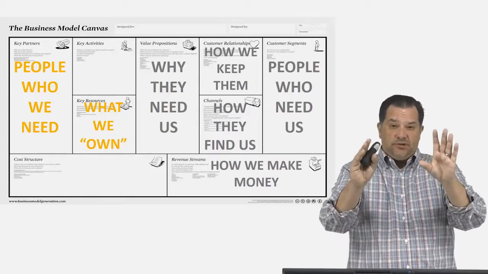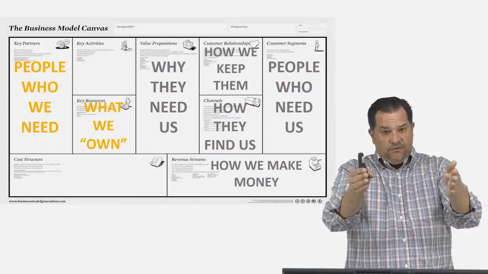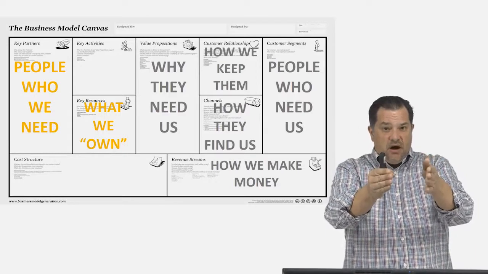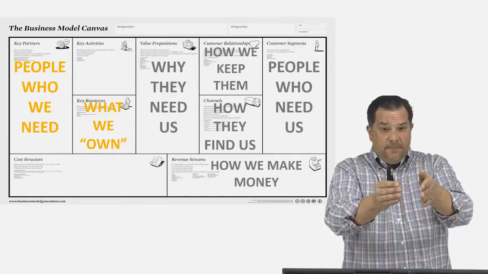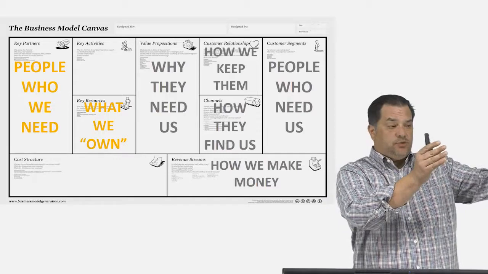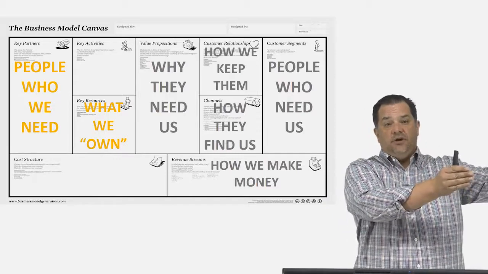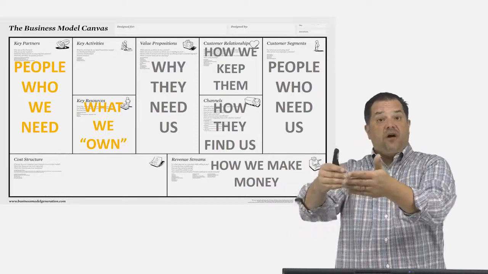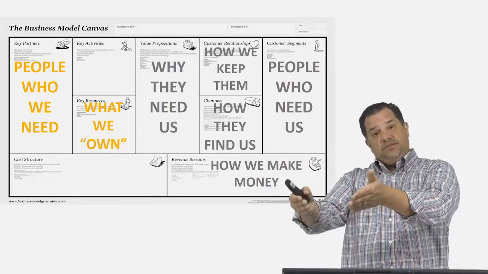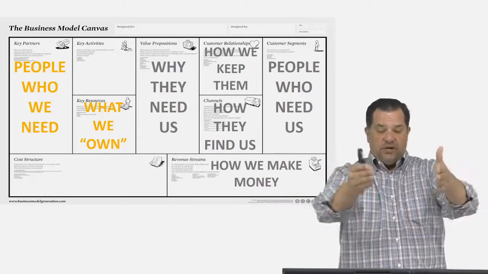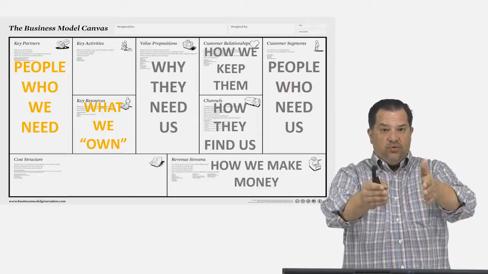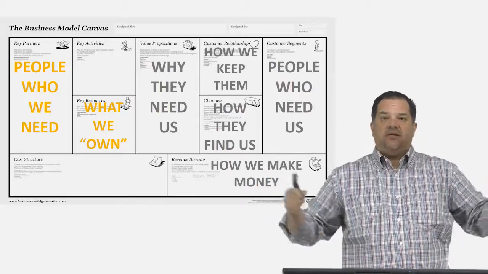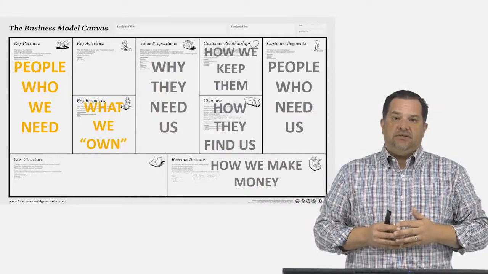And what we find with startups is that the more focused we can be on doing what we do well, and forming partnerships with people upstream from us who are suppliers and downstream from us who are often other businesses or sometimes the end user, the better chance we have of being successful.